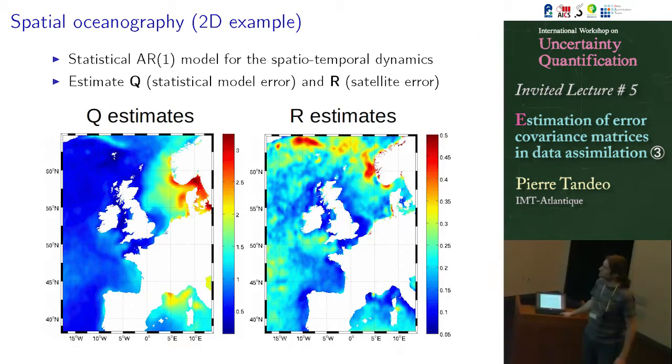Here I'm not using a temporal autoregressive process anymore. Now I'm using a spatio-temporal autoregressive process. I will not go into the details of this model. It is what it is.